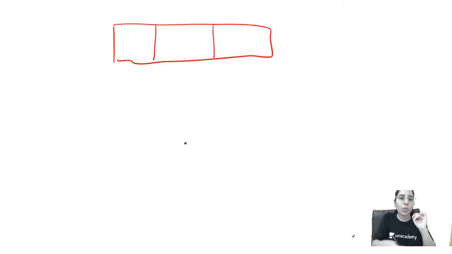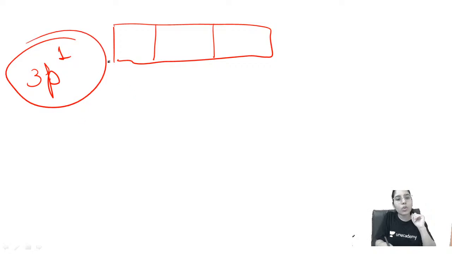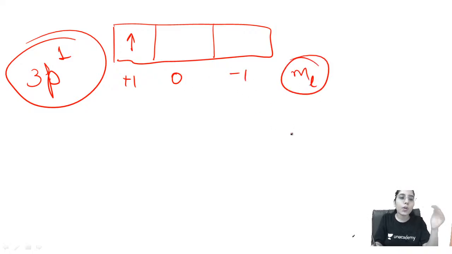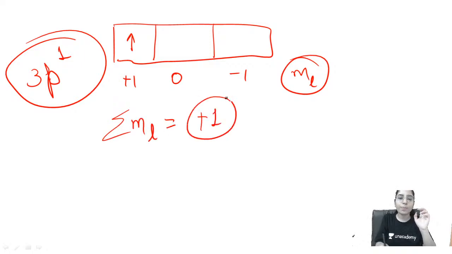It is 3p1. In this case, how many electrons are there? Only 1. Fill it here. Also write plus 1, 0, minus 1, the ml values, because we know for p, l is equal to 1. Only one electron, we have filled it. What is summation ml corresponding to the electrons present there? Only plus 1.